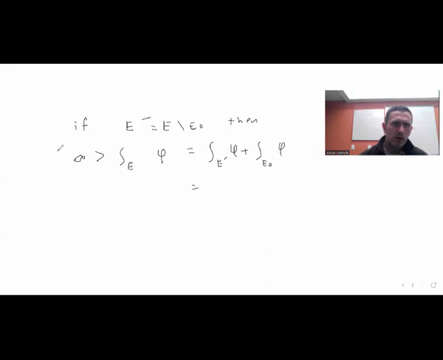Okay, well, my function is 0 on E0. In particular, the integral over E prime is also finite, and my function is positive on E prime. It's a simple function on E prime. Positive simple function on E prime. Okay. All right, so let's say epsilon is positive.